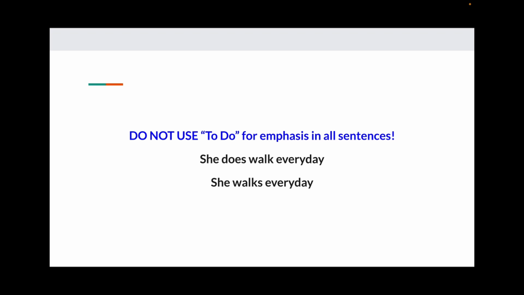The birds do fly in the sky. Even if it's a good story, it would sound very, very repetitive to use do or does for emphasis in every sentence. So she does walk every day, she walks every day, basically means the same thing, but it's best to limit your use of do or does for emphasis.